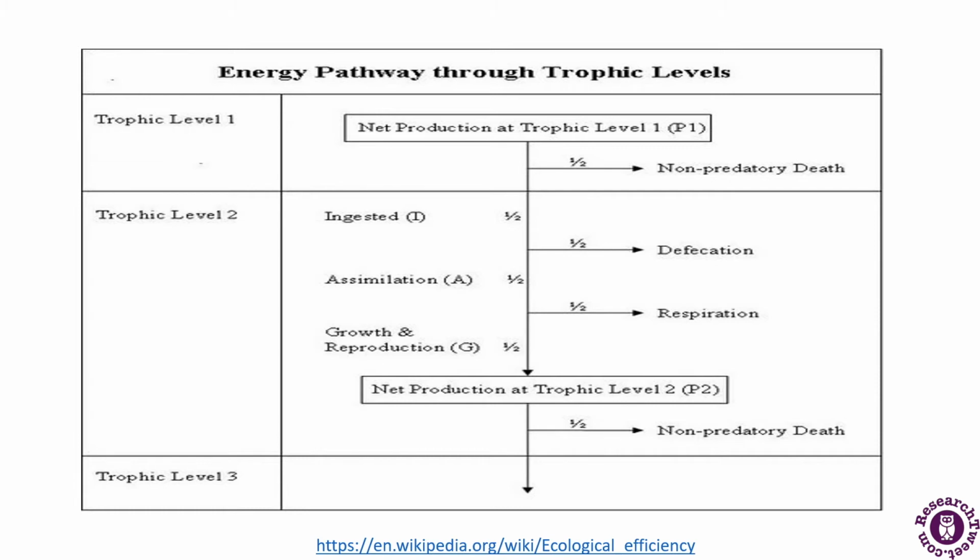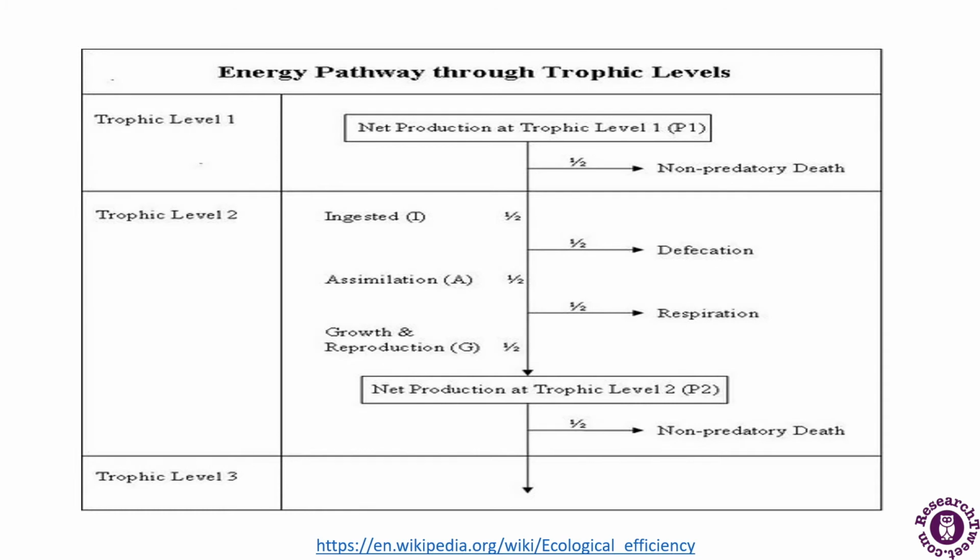If I take an example here, assume that there are 500 units of energy produced by trophic level 1. One half of that is lost to non-predatory death, while the other half, that is 250 units, is ingested by the trophic level. One half of the amount ingested is expelled through defecation, leaving the other half to be assimilated by the organism.